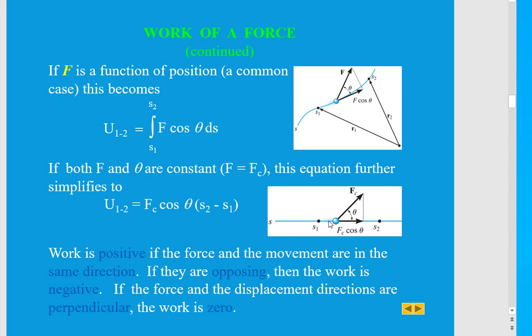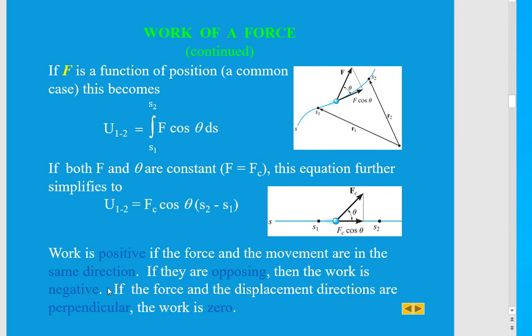In this case, because you don't have any curvilinear motion, there's no need to do an integral, because F is constant, not changing with displacement, and cosine theta is constant. As long as this component is constant, it comes out of the integration, and then it becomes F cosine theta times the integration from S1 to S2, which is S2 minus S1. So that's when both are constant.